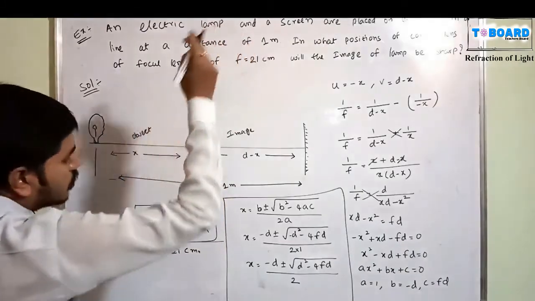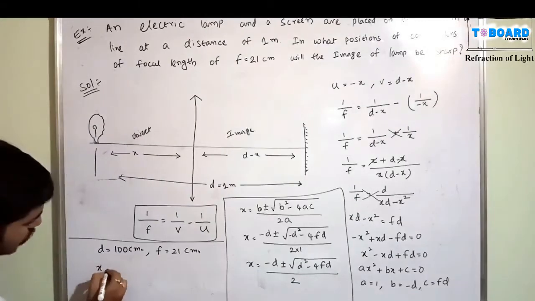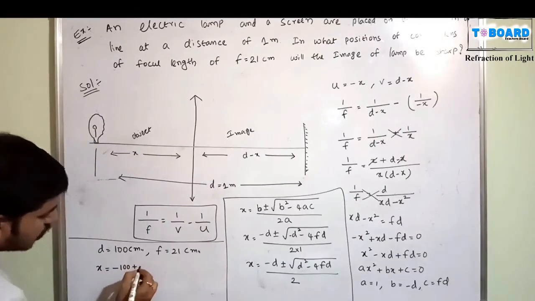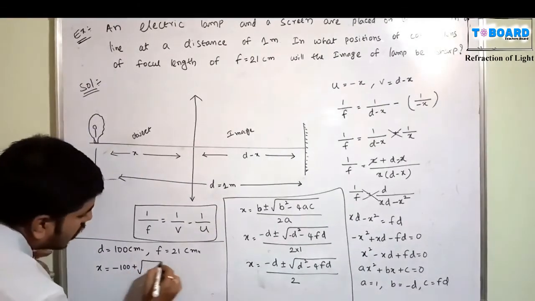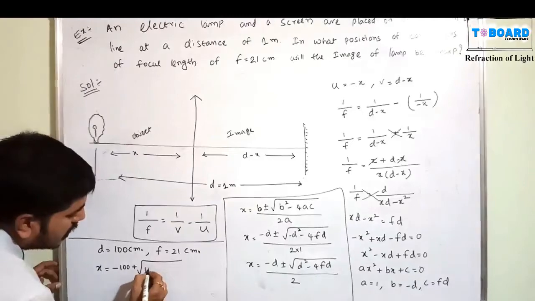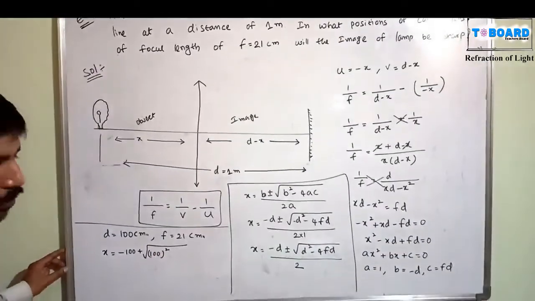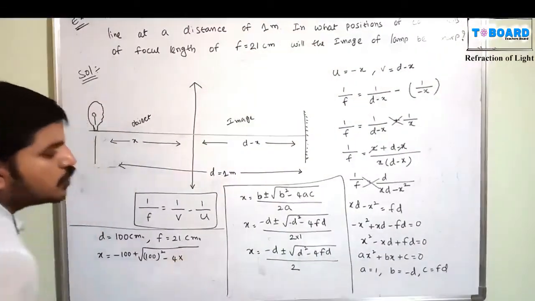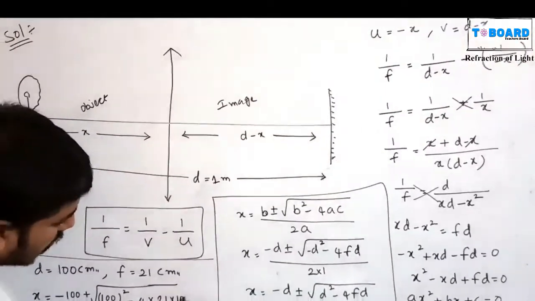So x is equal to 100 plus or minus, one time you take plus, another time you take minus, under root of 100 square minus 4 into f into d, that is 21 into 100.